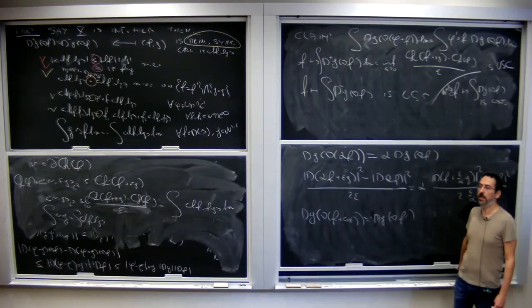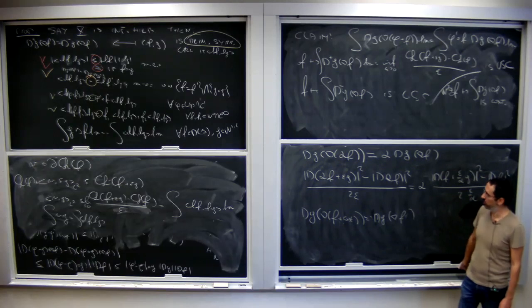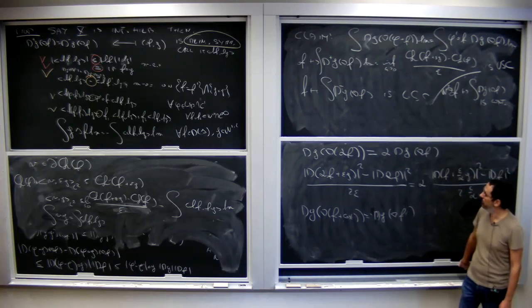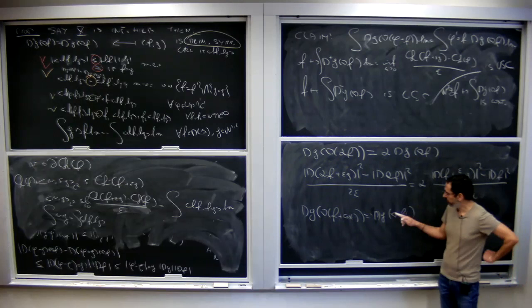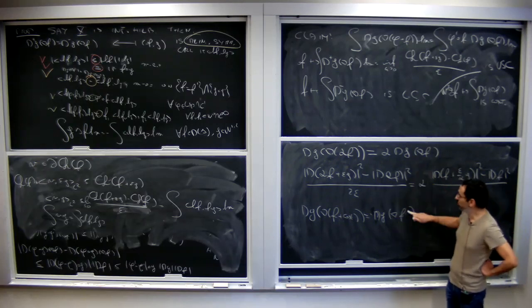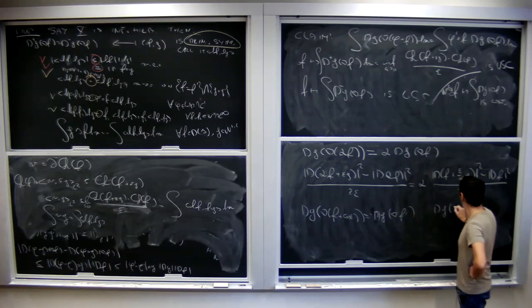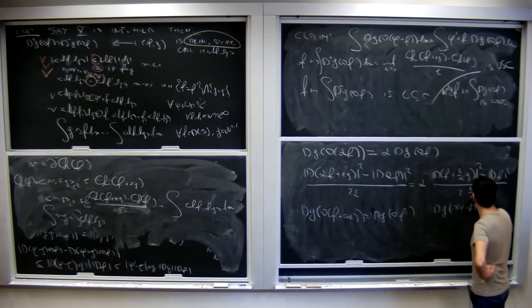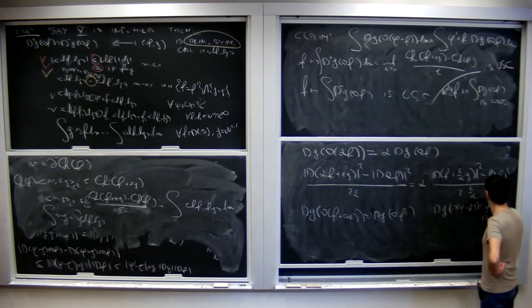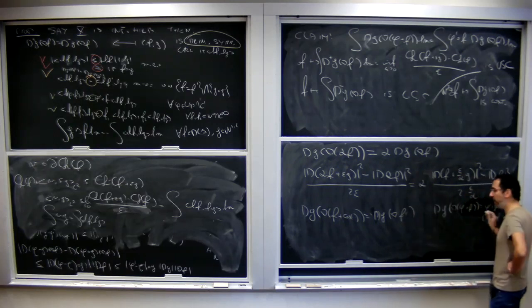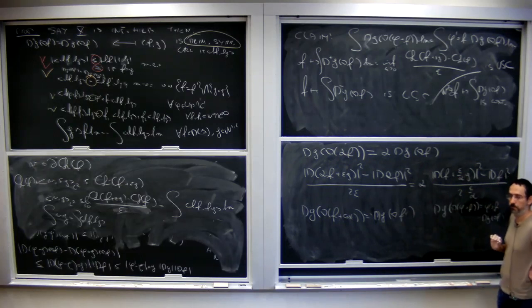And now I do the same trick as I've done before for proving the chain rule. What I just proved is that D G nabla phi composed with F is equal to phi prime composed with F times D G nabla F, for phi which is affine.